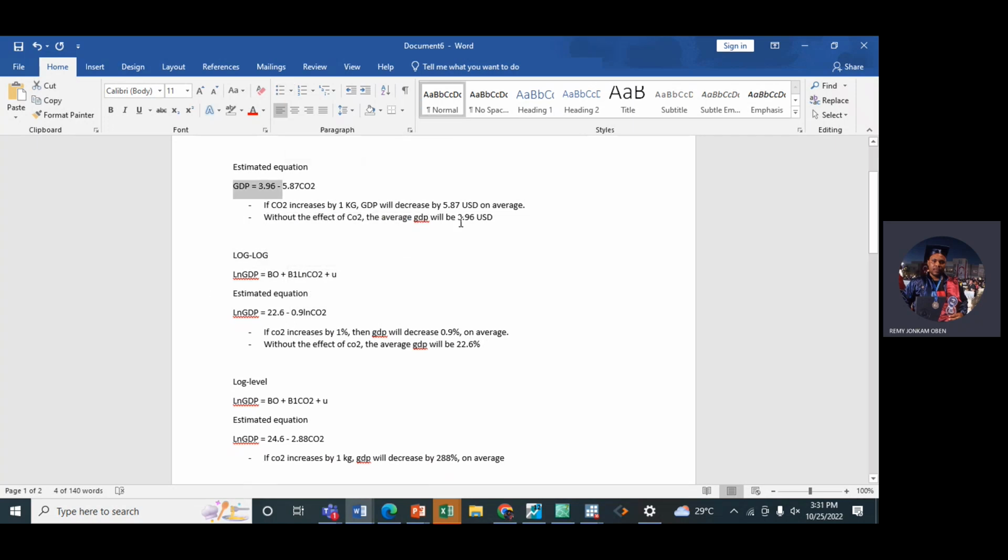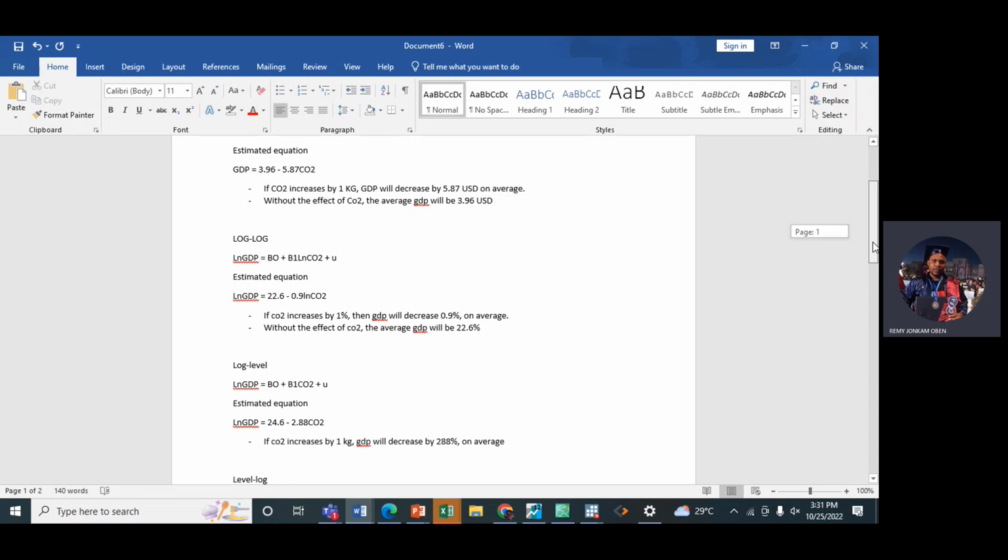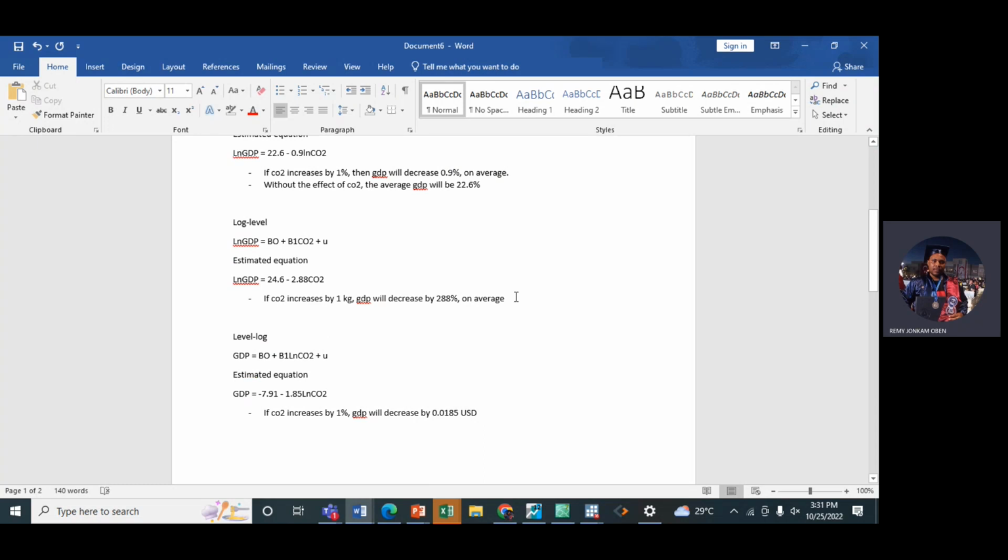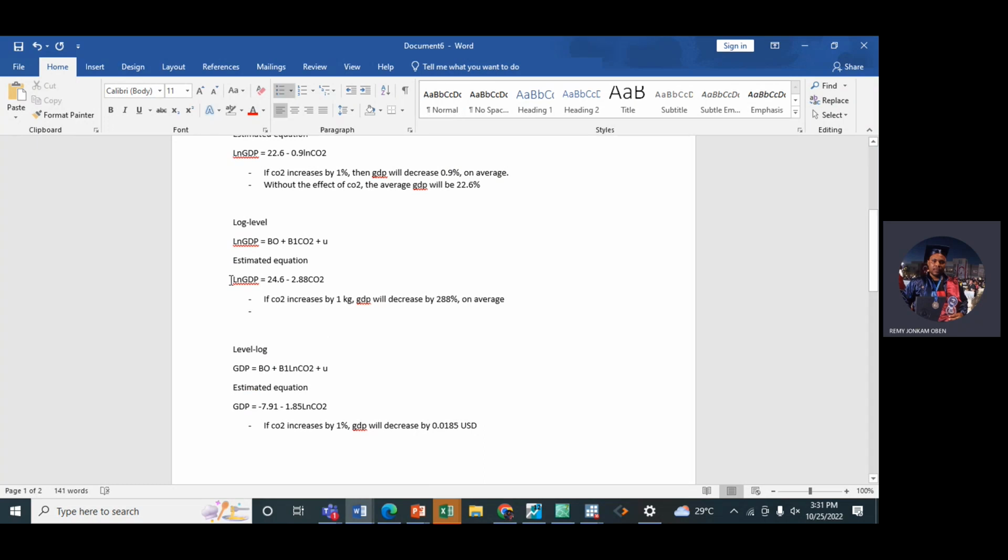Here is level, so we are using the unit of GDP, right? Here is log level, the GDP is in log, so we'll use percentage.